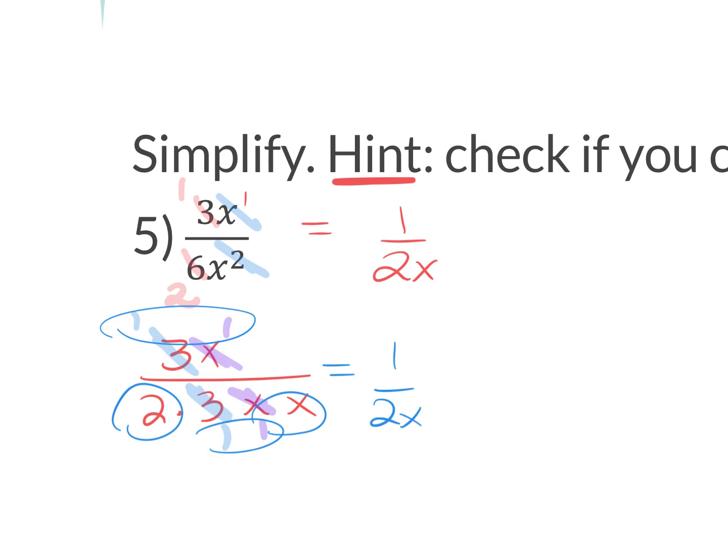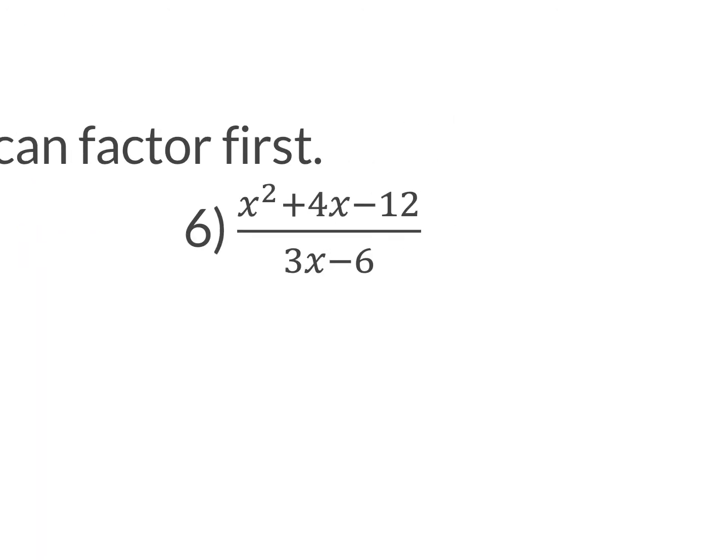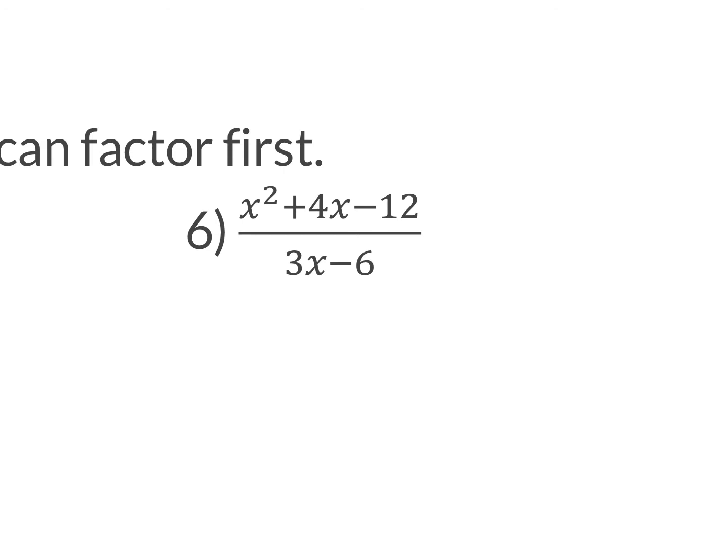Either way. Now for number 6, we have to factor that trinomial if it can be factored. So nice, easy trinomial. Factors of -12 that when you combine them give you +4. And that's going to be x plus 6 times x minus 2. The denominator, I'm going to factor out a greatest common factor of 3.